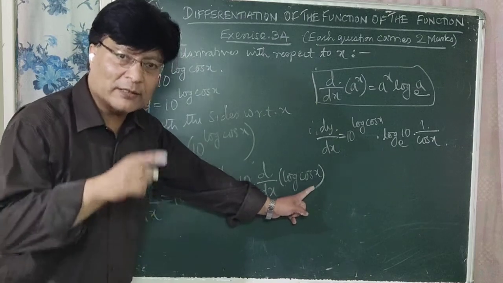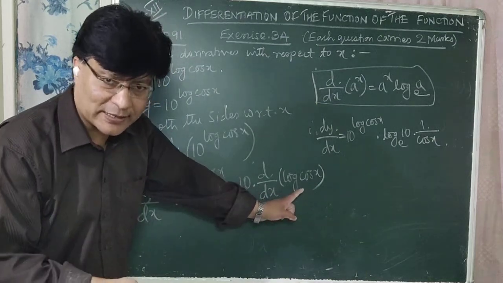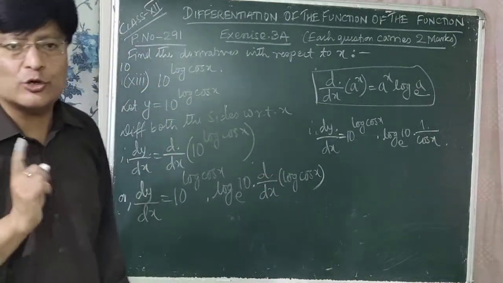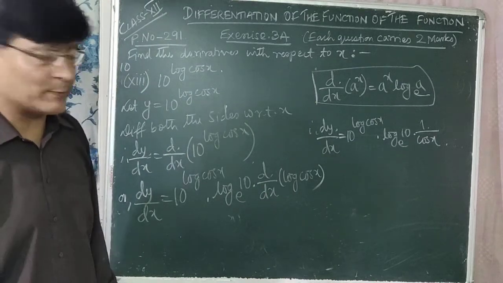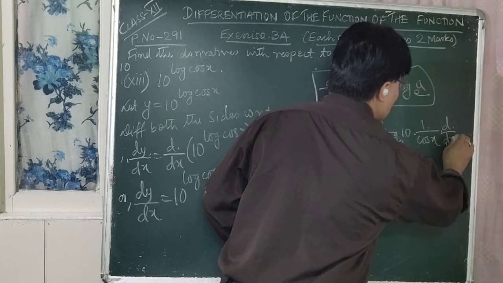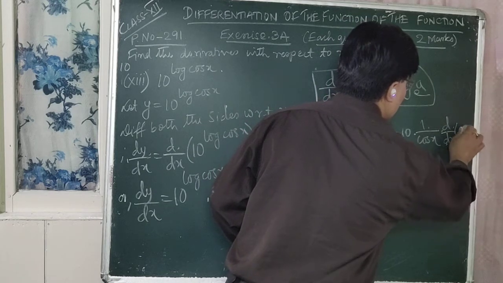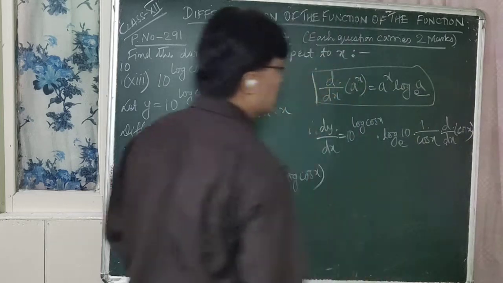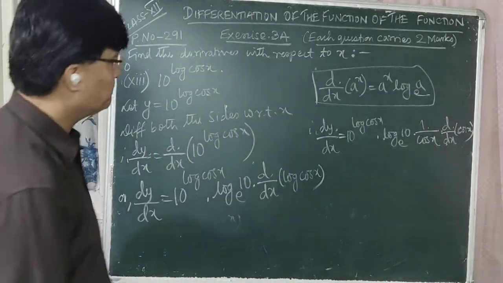You should differentiate the term which is assumed as x, that is, cos x is also to be differentiated with respect to x. So you write into d by dx of cos x.